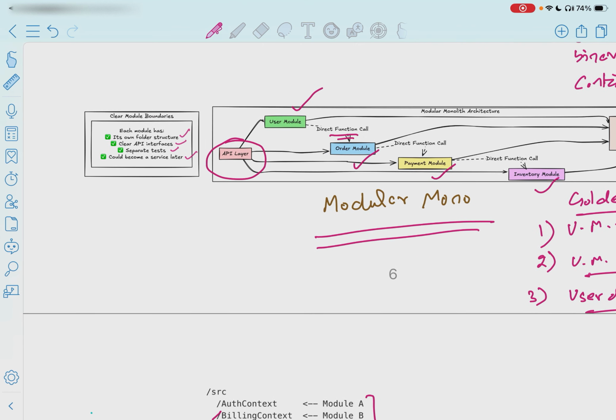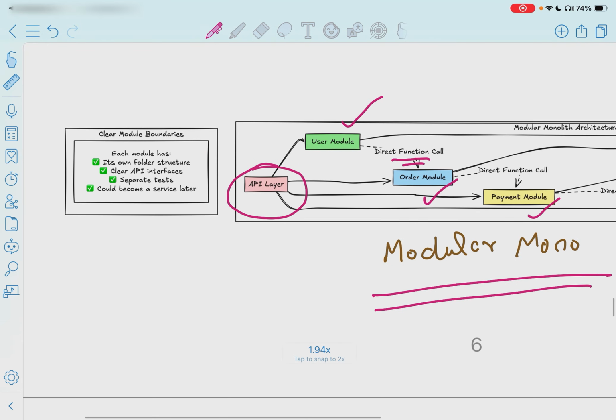Now, what are the benefits this kind of architecture provides? The code of each module will be in its own folder structure, right? We will have clear API interfaces. We will have separate unit tests. And let's say in future, if my user module is attracting 100x traffic, then I can segregate this module.